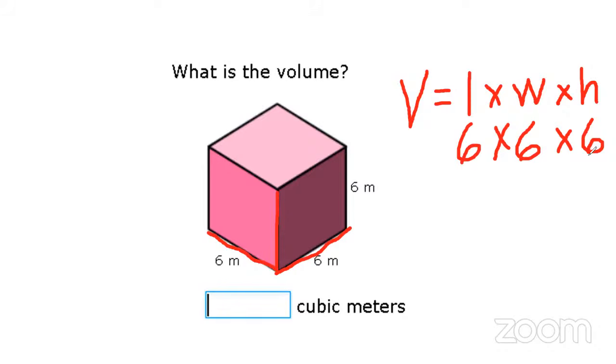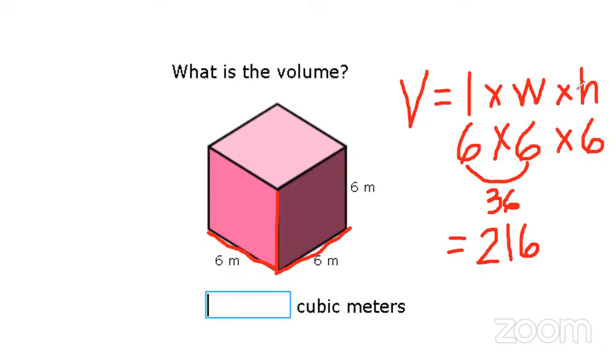What is 6 times 6? 6 times 6 is 36. Brilliant. And 36 times 6 is what? 216.